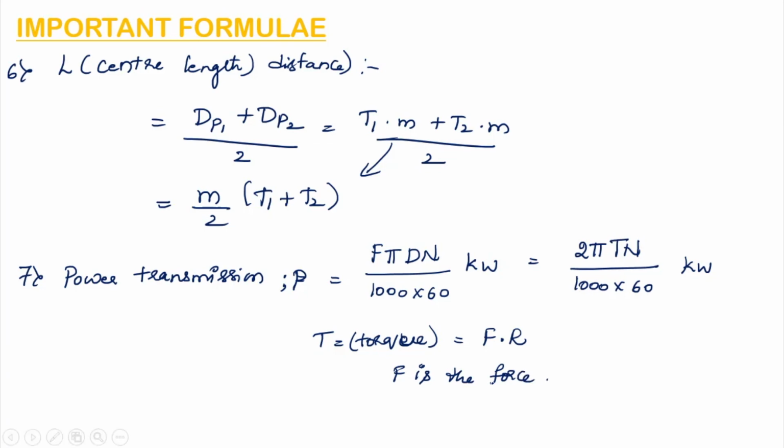In all cases, if D or dP is used, then it is the pitch diameter of the gear.